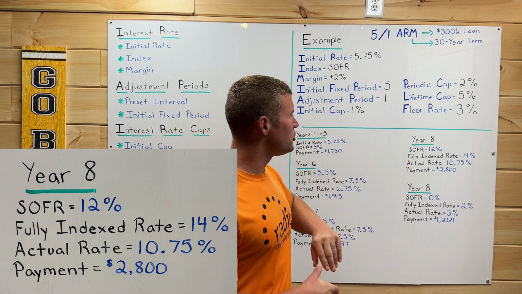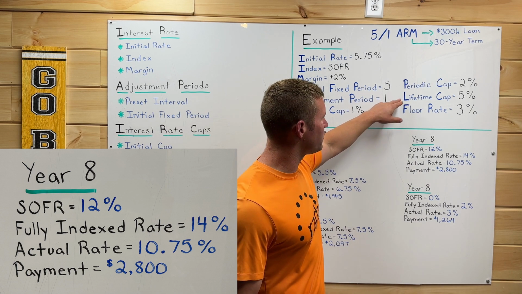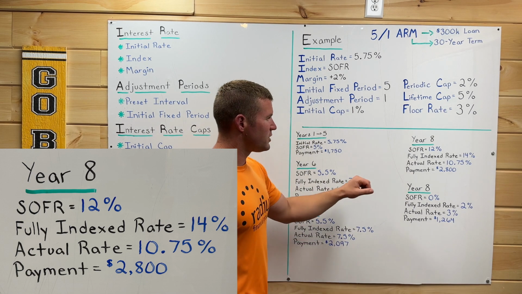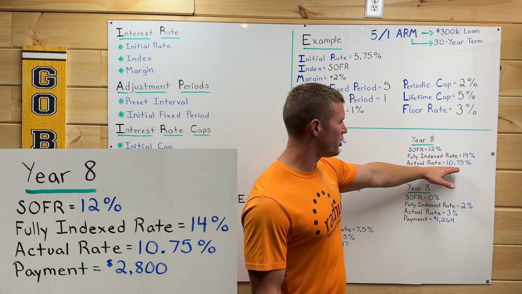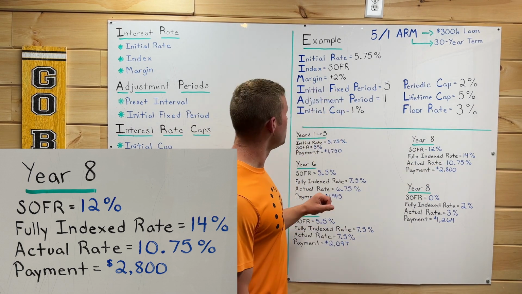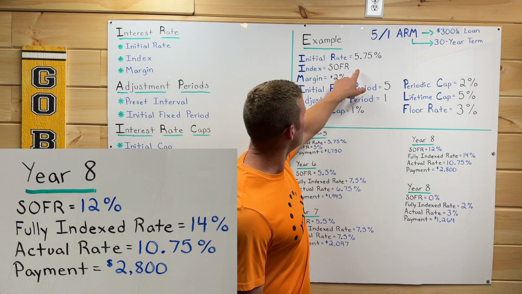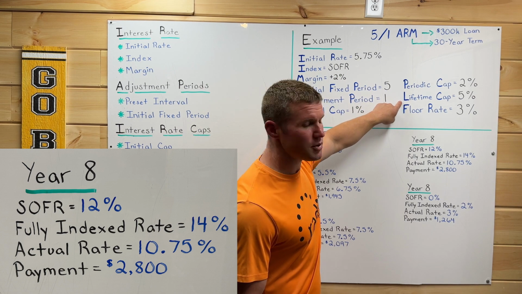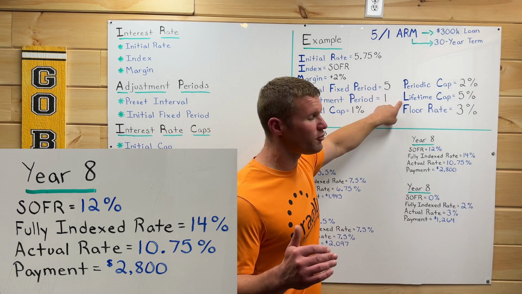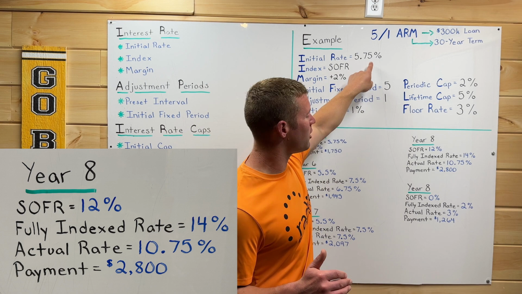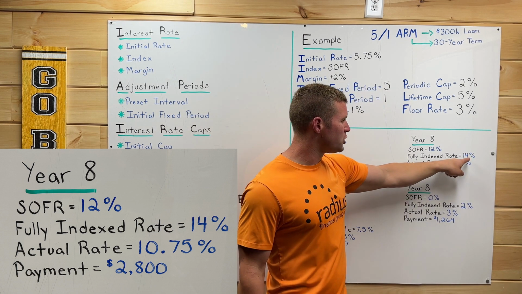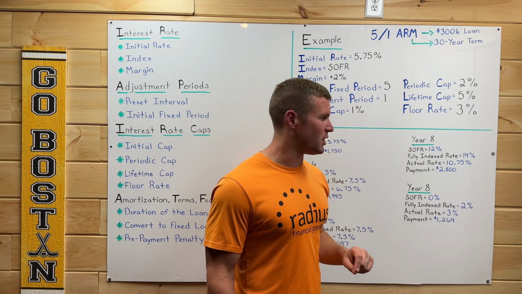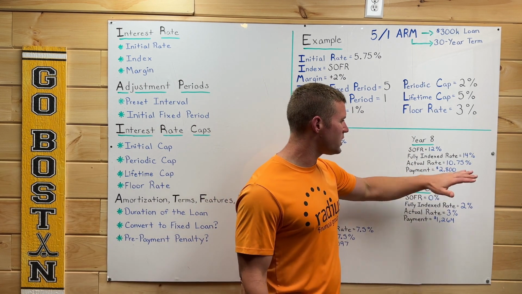However, we do have that lifetime cap, thank God, of 5%. So that makes our actual rate that we're paying 10.75%. Because again, we had our initial rate of 5.75%, and a lifetime cap saying that the interest rate could not go 5 percentage points above our initial rate. So even though we should be paying 14% in interest, we're only paying 10.75%, which brings our payment to $2,800 per month.